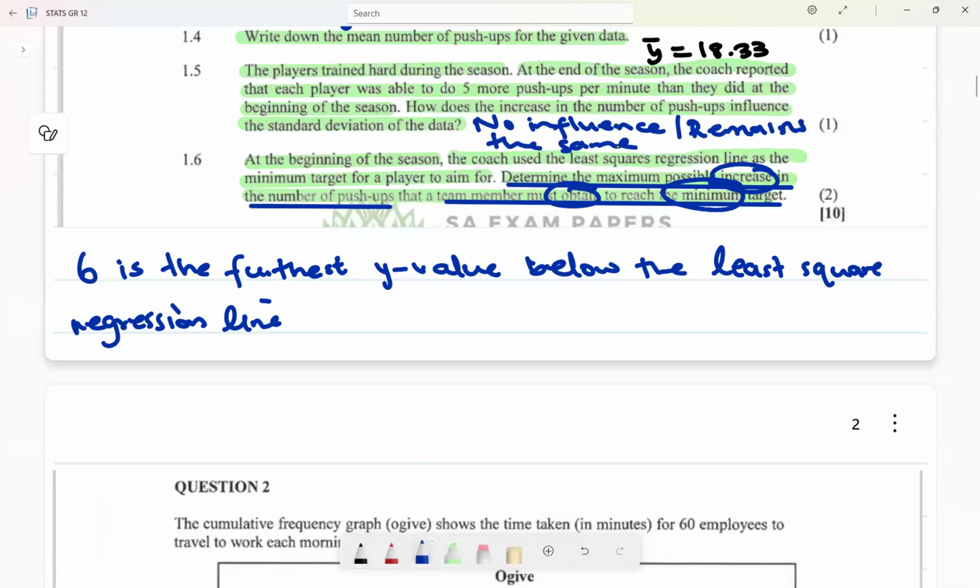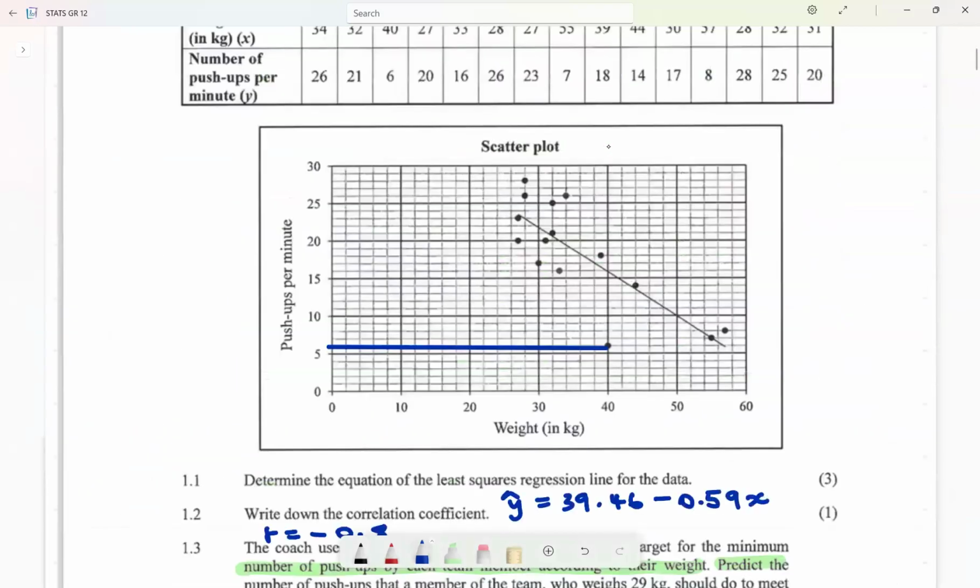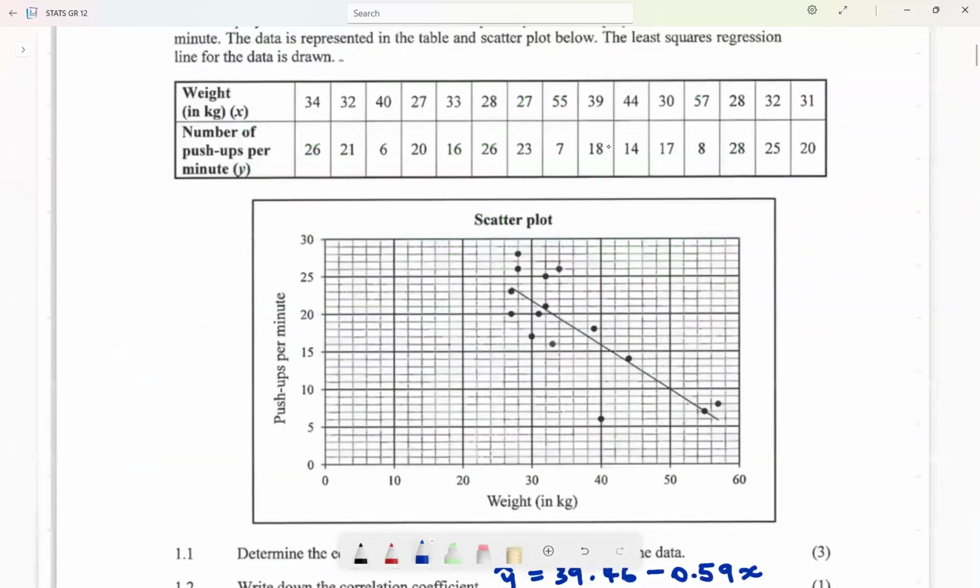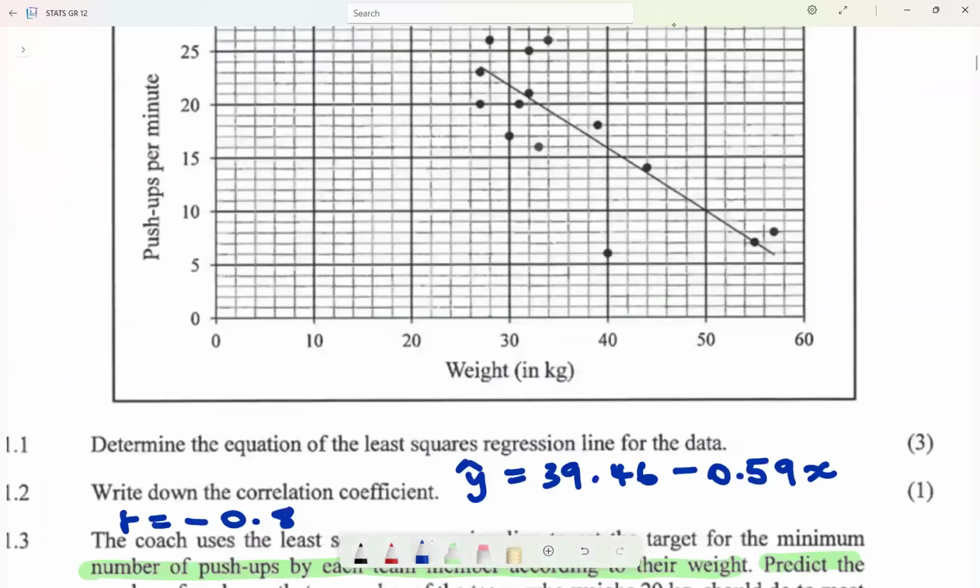And then now, an increase of how much is needed? An increase of how much is needed?